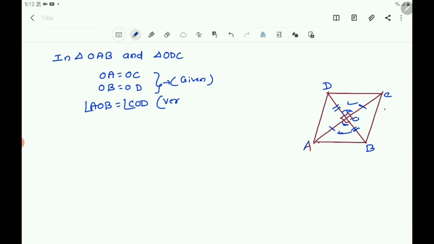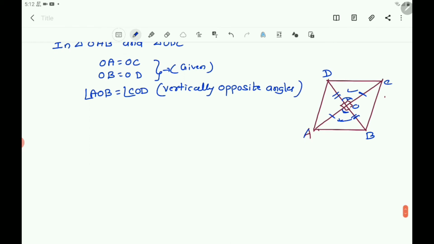Now according to the congruence rule, triangle OAB is congruent to triangle OCD.